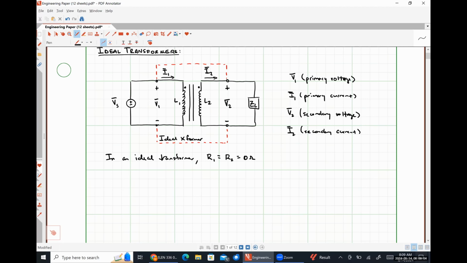And these inductances are related to the number of turns that my coils have, which is typically depicted as a ratio. So you might see N1 colon N2 like so. So this is telling us how many turns coil 1 has, that's N1. How many turns coil 2 has is N2.